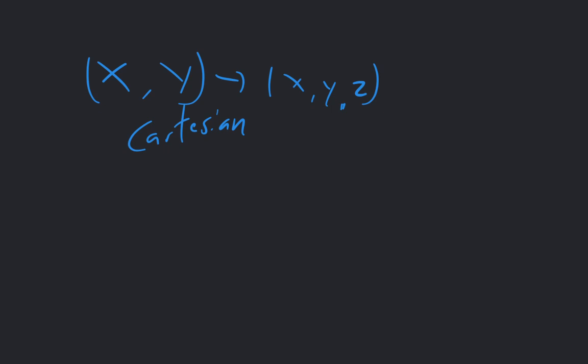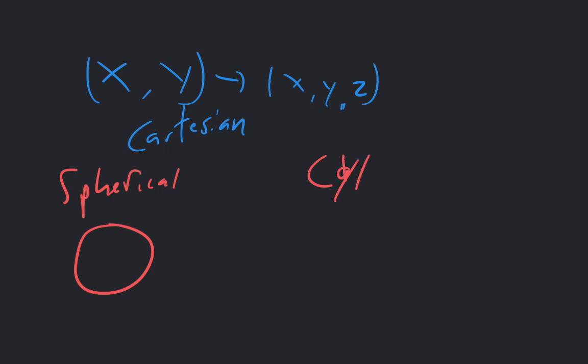Eventually maybe I'll come into the generalized, but for right now there's the spherical, and that's assuming that you're working with a sphere or something along the line of that. There's also cylindrical. These are for 3D coordinate systems.